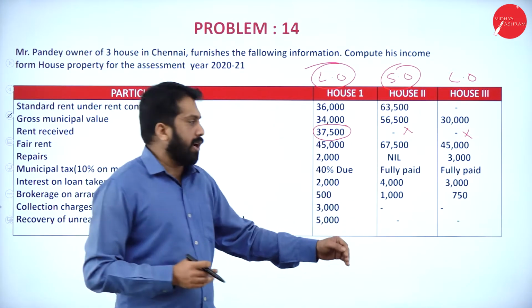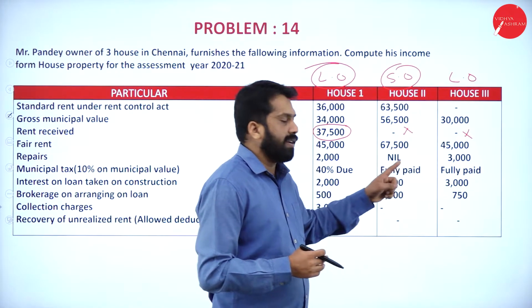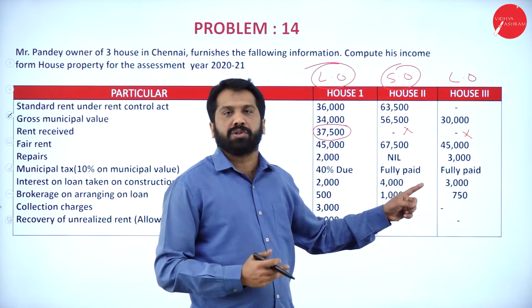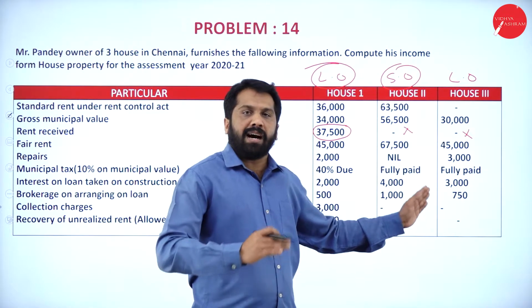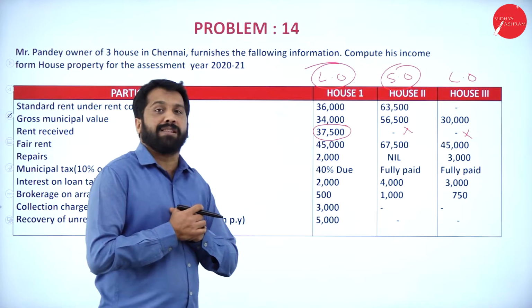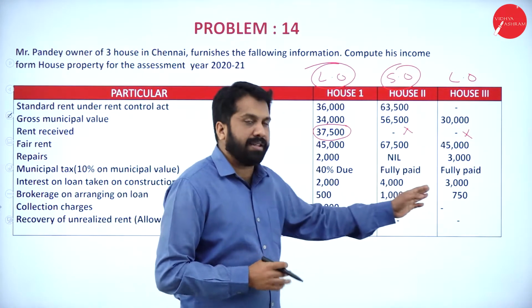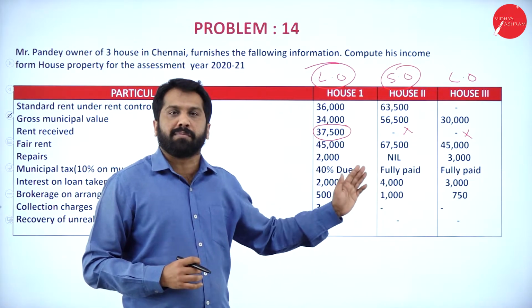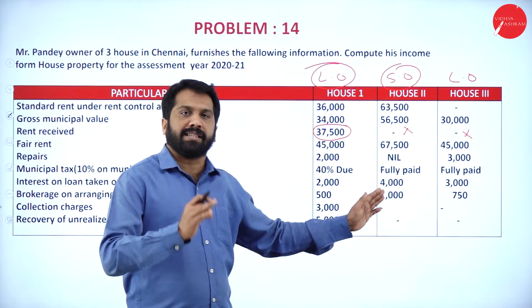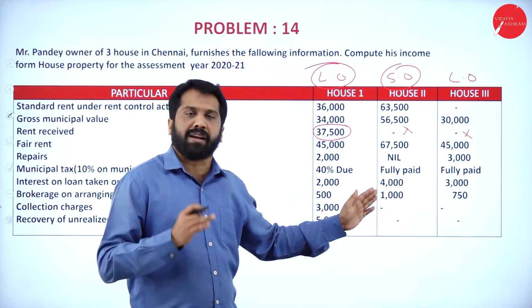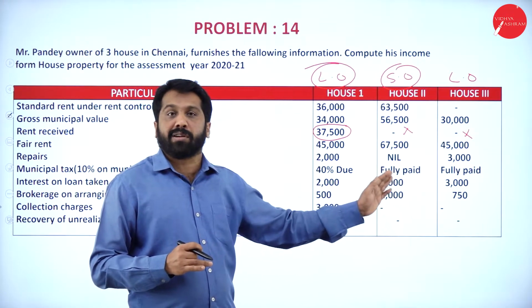What happened? You have taken this as self-occupied, this as let out. No issue. You can calculate tax. Or else you are not aware of self-occupied only. You have calculated tax for all 3. Still you will get marks. It is an option to the assessee. They can select as self-occupied or else they can calculate tax on all.